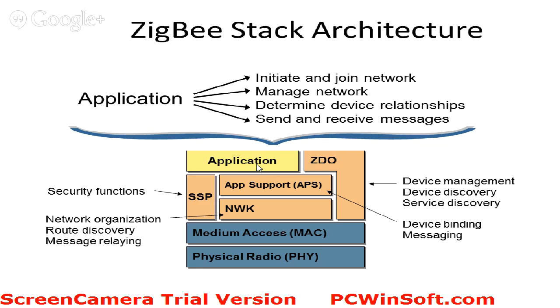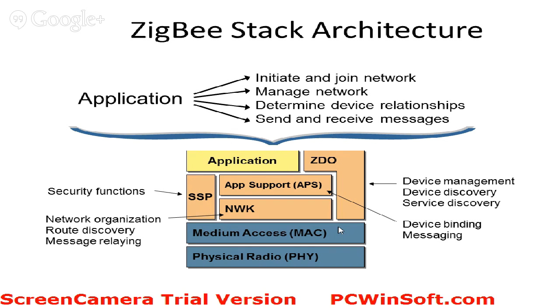Now, up till now, this is the basic stack architecture as we have discussed in the initial frames also. We have the physical layer, physical radio, and the medium access layer defined by IEEE 802.15.4. Some of the actual hardware concepts I will discuss right now.